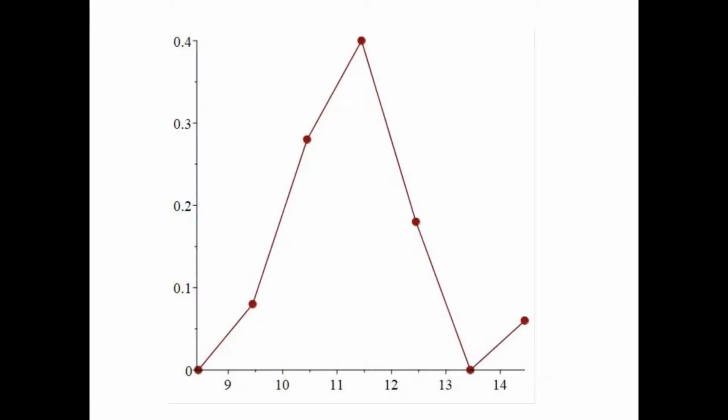The third point on the graph corresponds to the value 10.45, which is the midpoint of 9.95 and 10.95, and it corresponds to the y-axis value of 0.28, and you can see that it is that. Similarly, the next point corresponds to the midpoint of 10.95 and 11.95, which is 11.45, and that corresponds to the value 0.4.